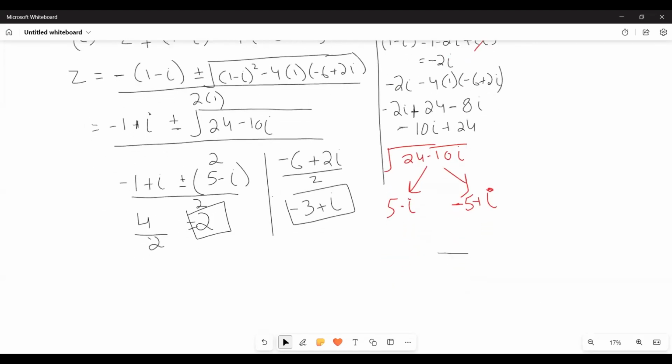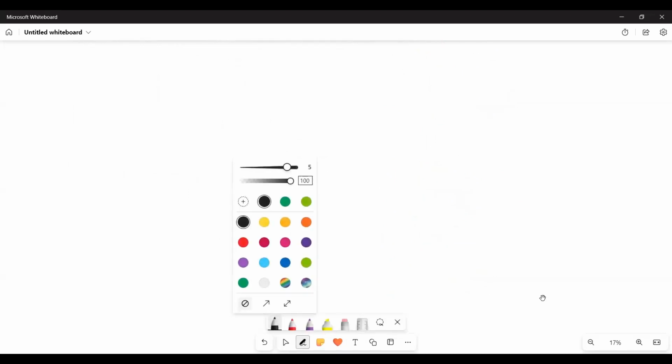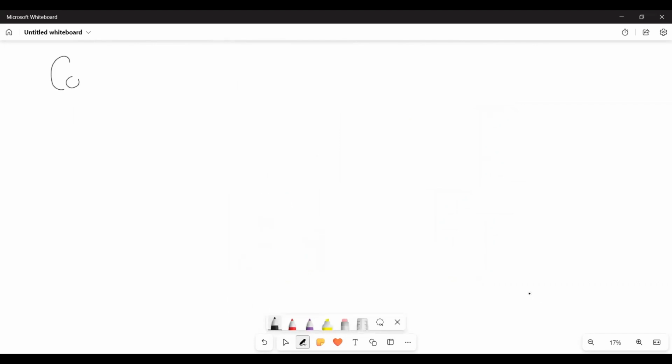All right. Moving on to the next subtopic, which is complex number in polar form. Let's write a complex number, let's say it's u.